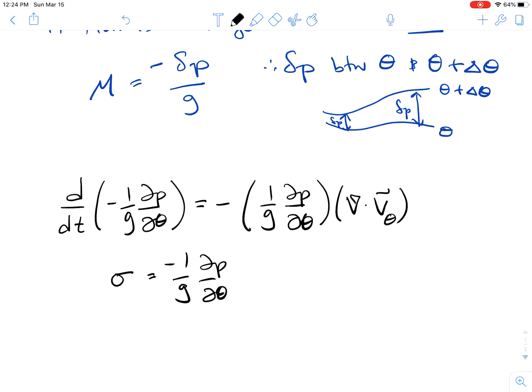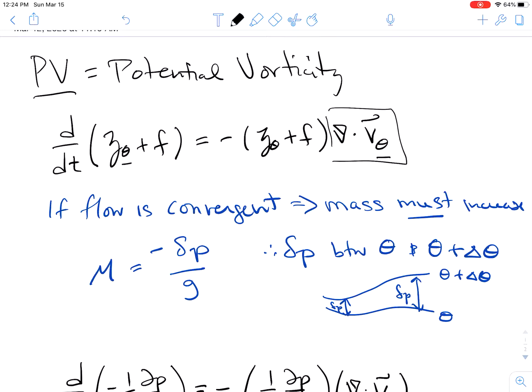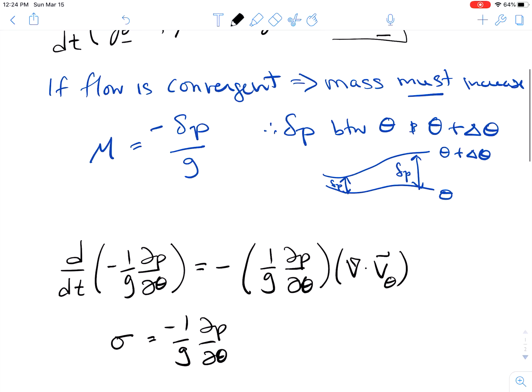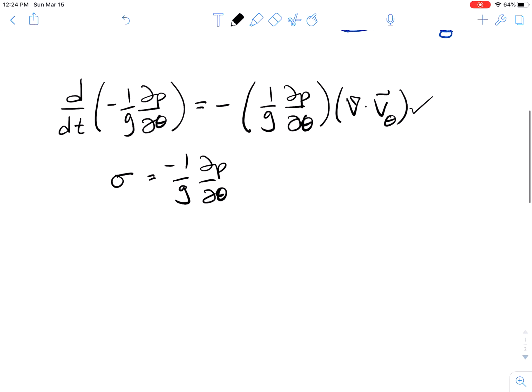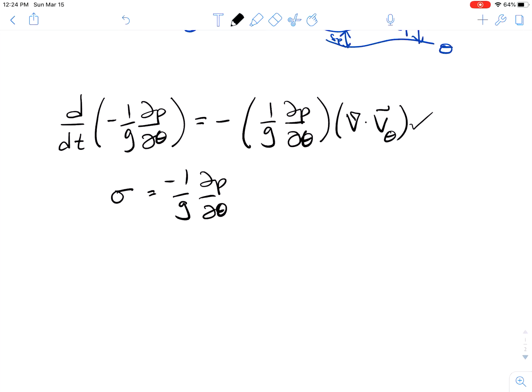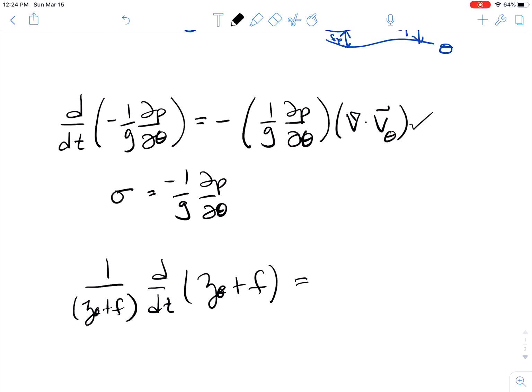So in essence, now we've got two equations. We've got our equation here relating to static stability in our mass continuity equation, and our vorticity equation in isentropic coordinates, both of which have this common del dot v theta that we can solve for. So let's go ahead and do so first with our vorticity equation, such that we can say 1 over the quantity zeta theta plus f times d dt of zeta theta plus f equals minus del dot v theta.